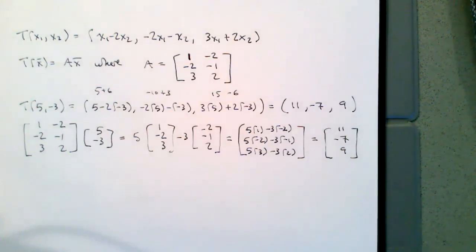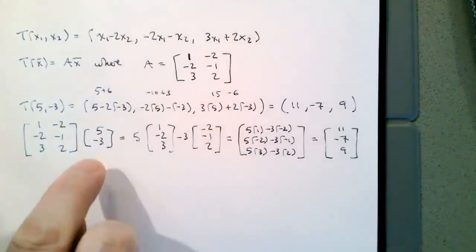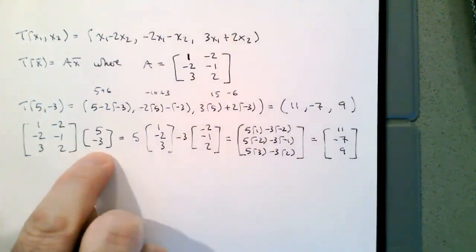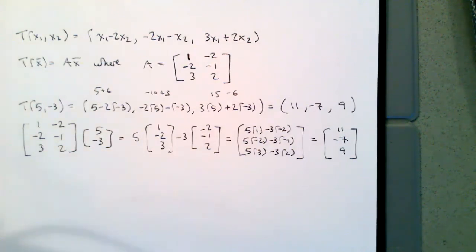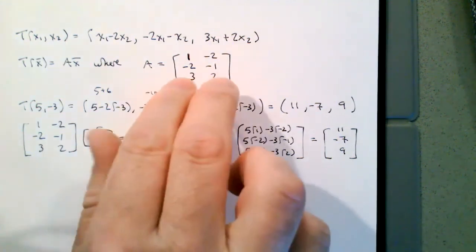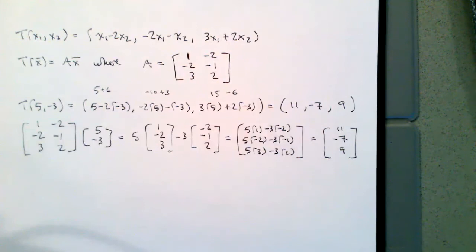The reason that this works is that T is a linear transformation. And so we mapped the basis vectors, and the combination that we use to build 5, negative 3 out of the standard basis vectors is the same combination we use on the images of the standard basis vectors. The matrix is there because the transformation is linear, and the transformation respects this linear combination.